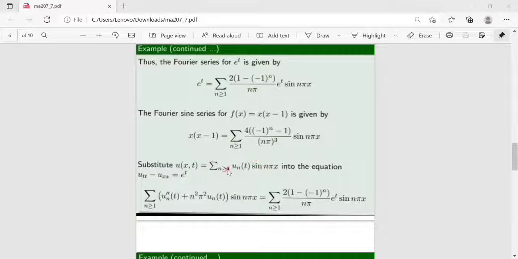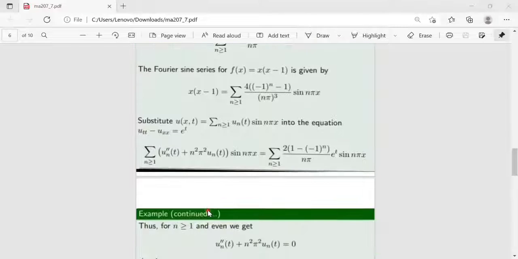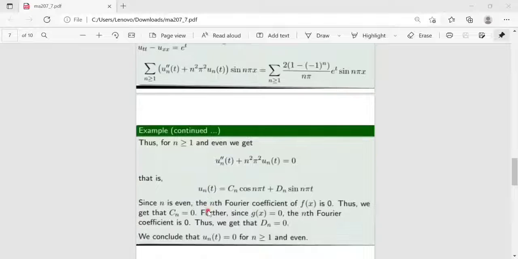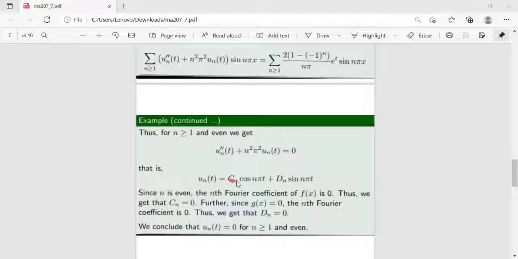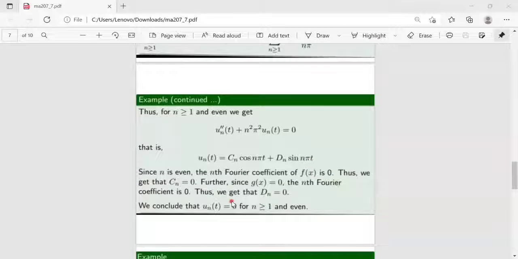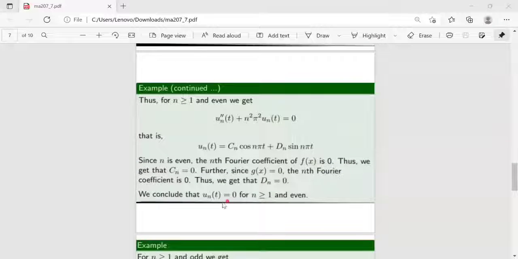We substitute this into this equation, then we get this expression. Here we equate the coefficient of sine n pi x. Then we get u n of t as c n cos term and d n sine term. Let's take even n.